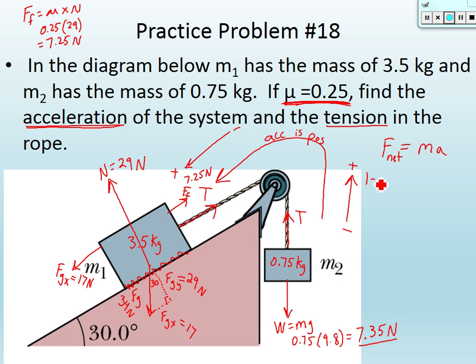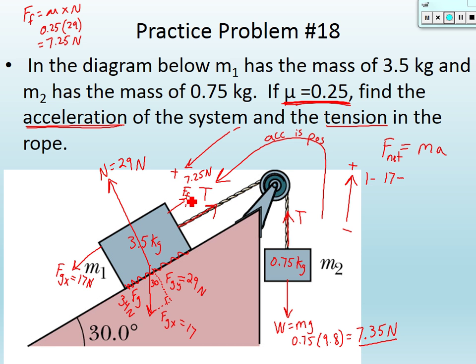Okay, let's make two equations here. For equation 1, I'm going to focus on this block, M1. Okay? We said that everything down the ramp was positive. So this FGX is the only force that's coming down the ramp. So 17, then we're going to subtract off everything that's going up because we said everything up is negative.